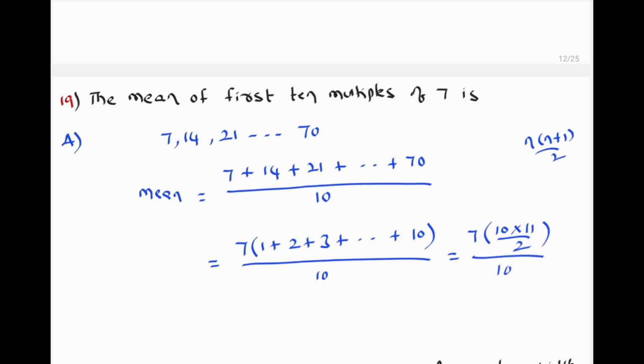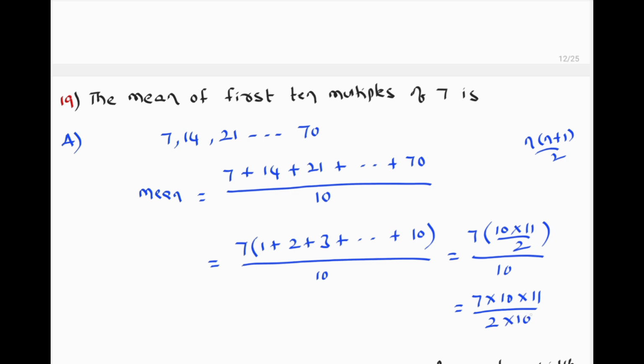So we get 7 into 10 into 11 whole by 2 into 10.